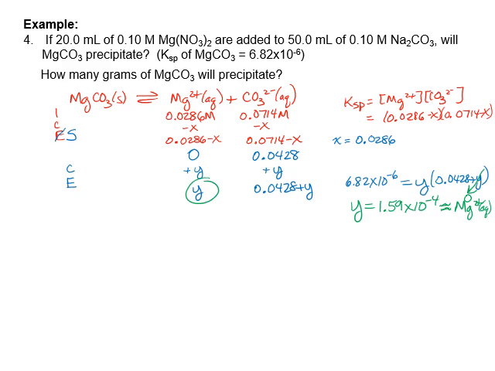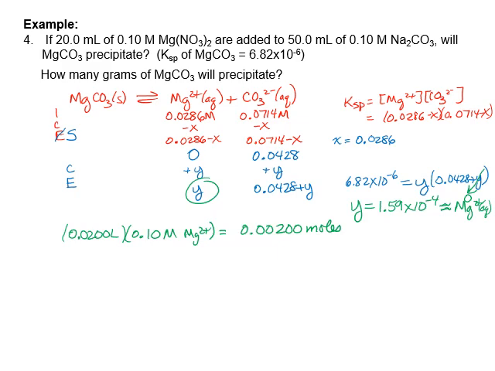We know that we started with 20 milliliters, or 0.02 liters, of 0.1 molar magnesium ions, which means we started with 0.002 moles of magnesium. Some of that is going to be as magnesium 2 plus. The rest will be converted to magnesium carbonate.